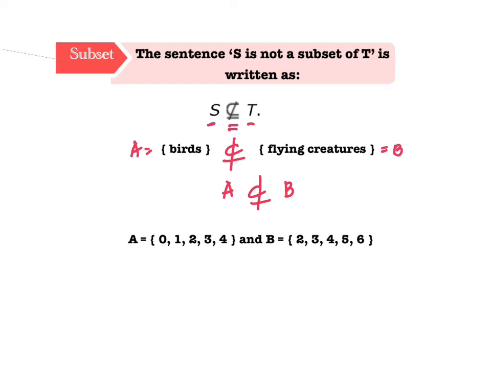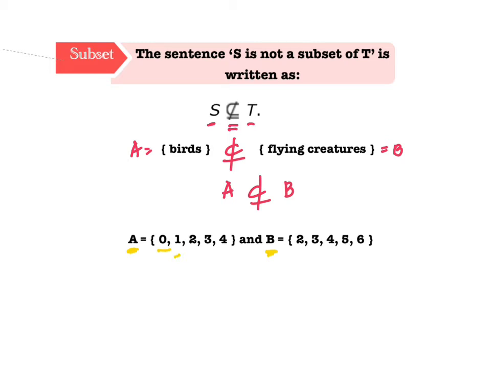Another example, let us identify if set A here is a subset or not a subset of set B. Let us see if all the elements in set A are also elements in set B. So, we have 0. There is no 0. 1. Okay, there is no 1.